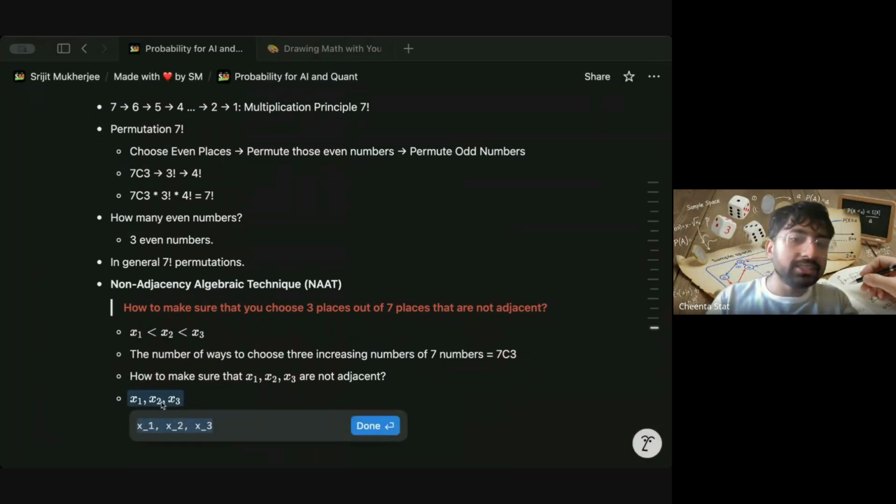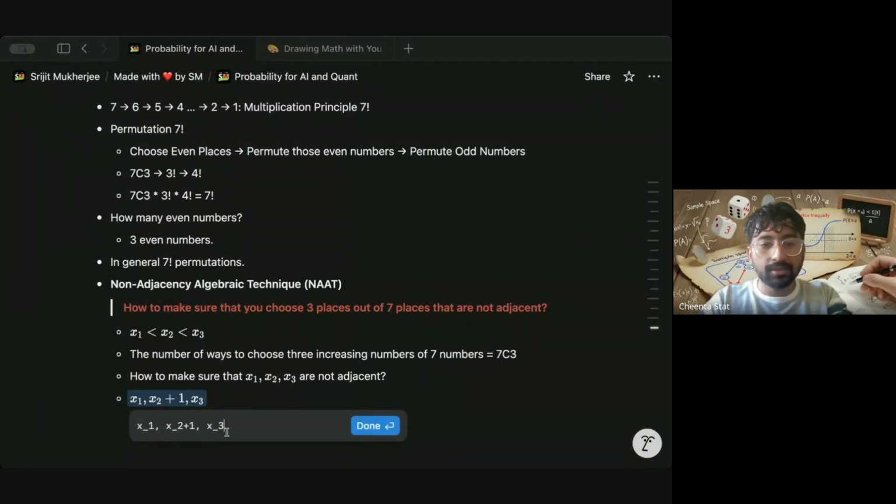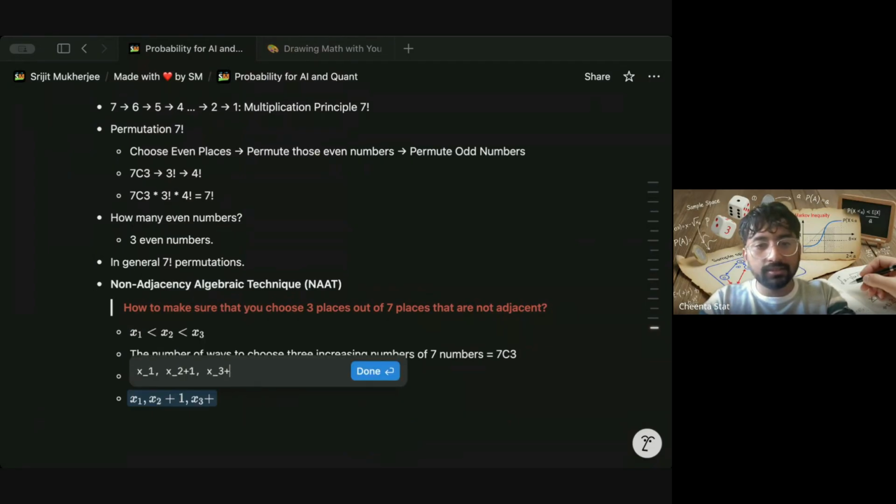So what we will do is, instead of changing the relationship between x1, x2, x3, we want to keep the relationship, guys. We will add x2 plus 1 and x3 plus 2. This is beautiful, right?